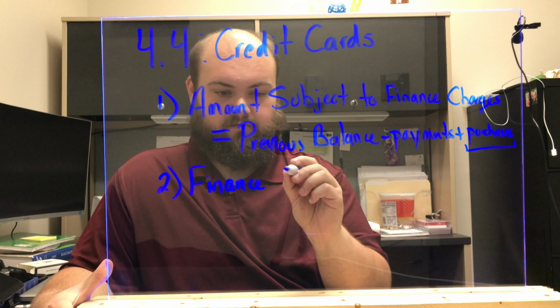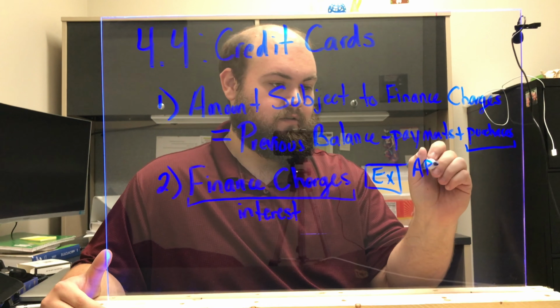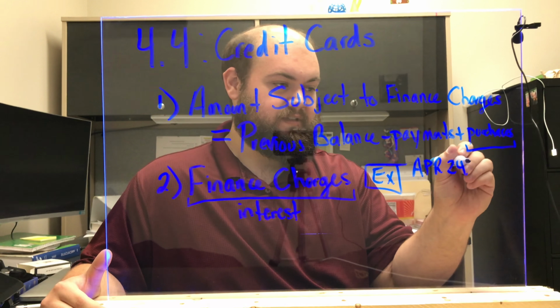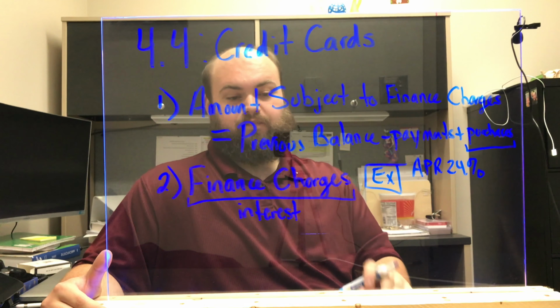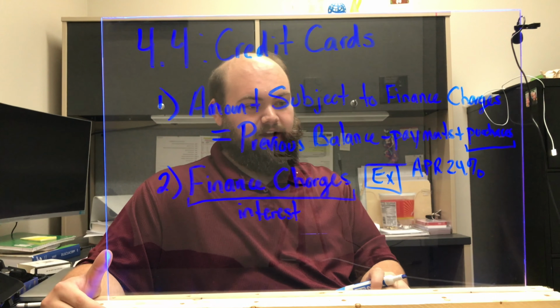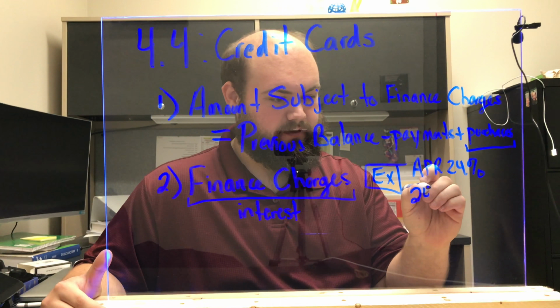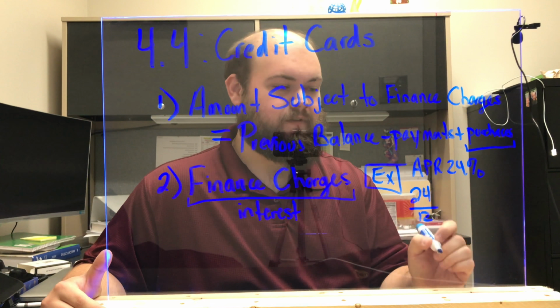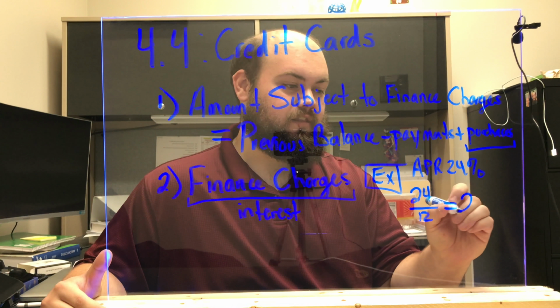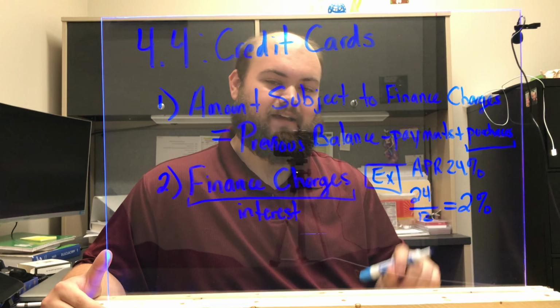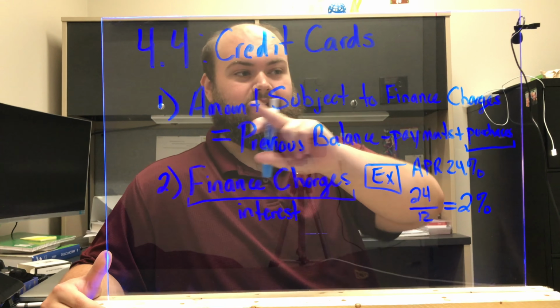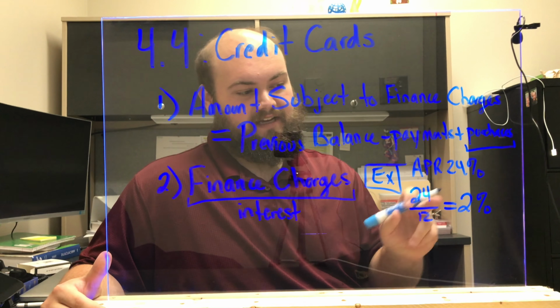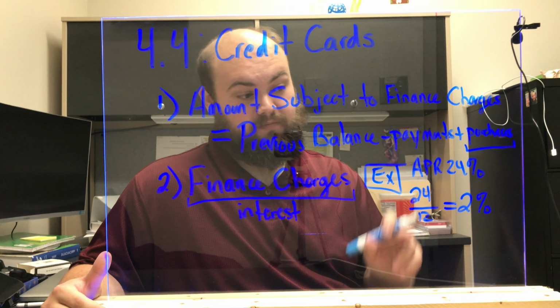So for example, if you have a credit card that has an APR of 24%, then when you calculate your finance charges, you're going to do 24 divided by 12, finding that monthly percent. That means 2% of the amount subject to finance charges is going to be charged to you.